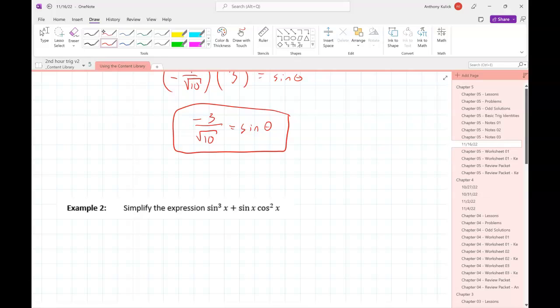So how many terms do you have here? There are 2 terms, right? Remember, terms are things that are being added or subtracted. So I have this term and this term. Everybody agree with that? Do you notice anything in common between those 2 terms? There's a sine x in common with both of them, right? So let's factor a sine x off.